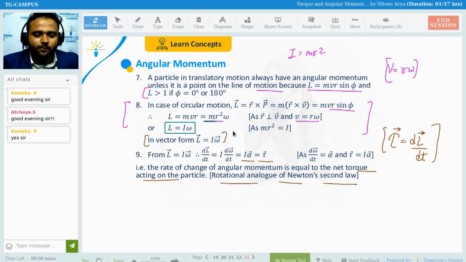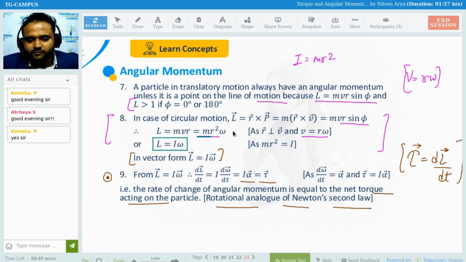Sometimes in your exams they can ask you to prove, simply using Newton's second law in a rotational aspect, that torque tau equals dL by dt. Related to this, a simple numerical question comes only if the paper is subjective.